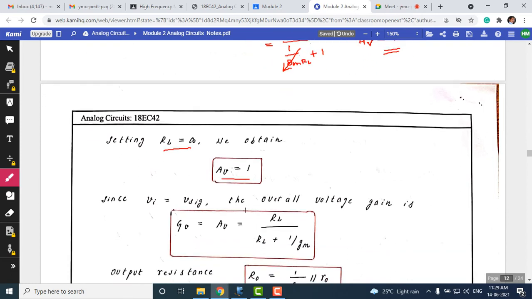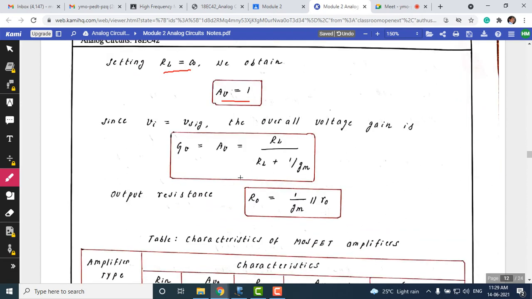Next, let us find the overall voltage gain, GV. For the common drain amplifier, as long as the input resistance is infinity, Vi will be equivalent to V signal. So the overall voltage gain GV becomes equal to the amplifier voltage gain AV, which is RL divided by RL plus 1 by GM.